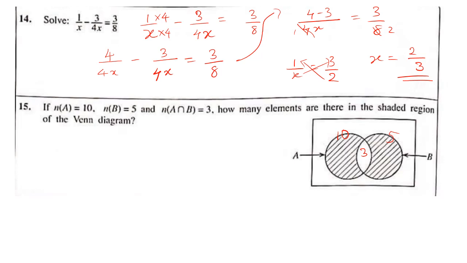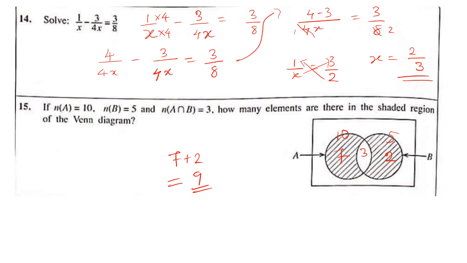So this is 10, and 10 minus 3 is 7. 5 minus 3 is 2, right? So the number of elements in the shaded area is 7 plus 2, that is equal to 9. So this is how you get it.